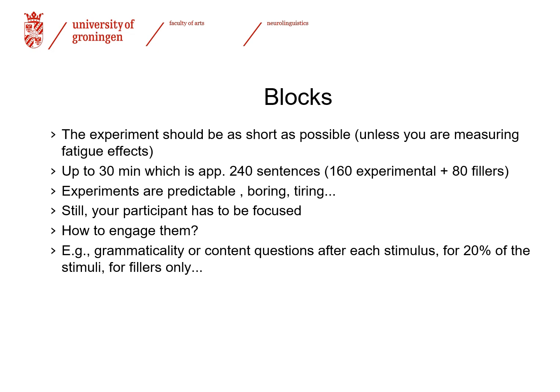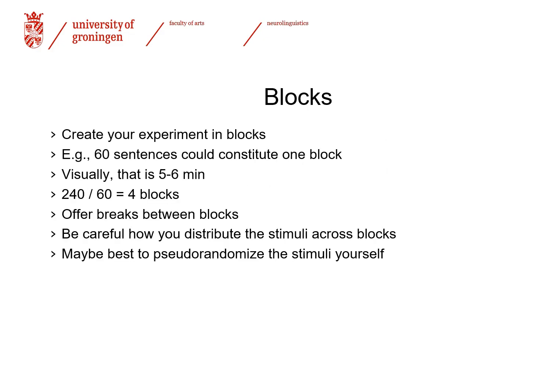So for example, if you have 240 sentences, we can organize them in groups of 60, have 4 blocks, and then after each block, we can tell our participants, okay, take a 2 or 3 or 5 minute break just to rest from the experiment and think about something else.